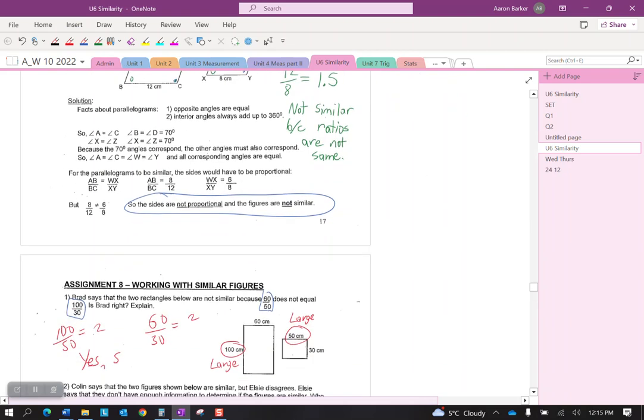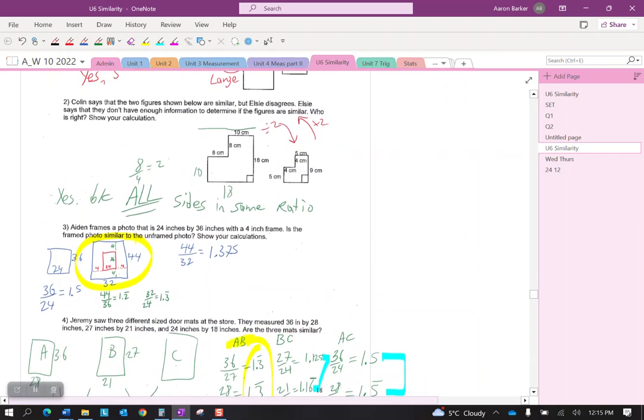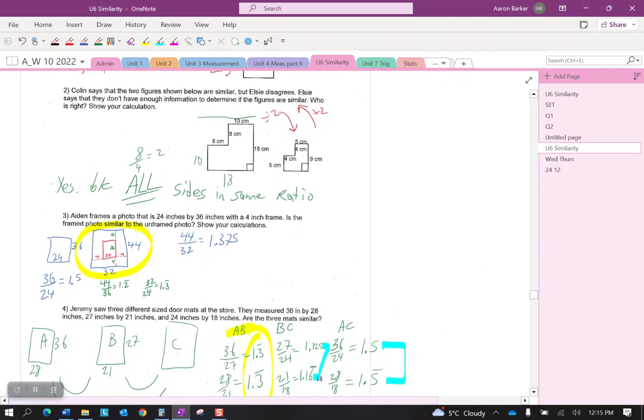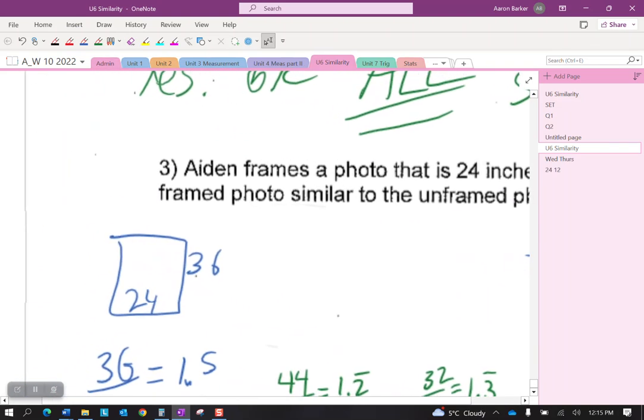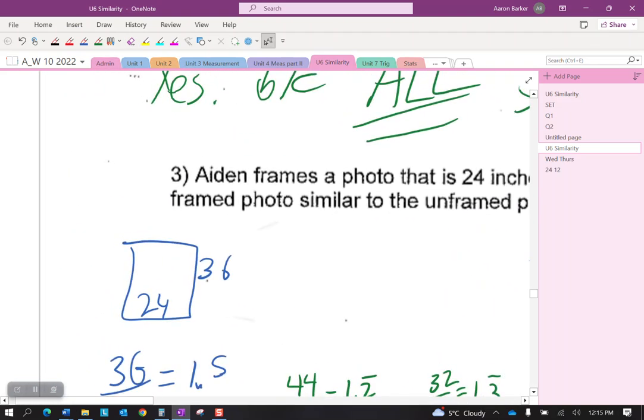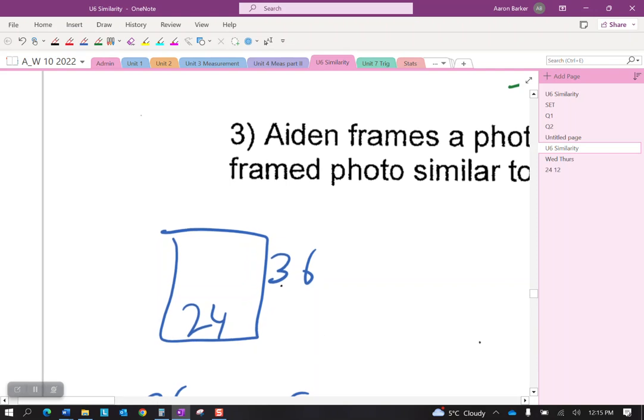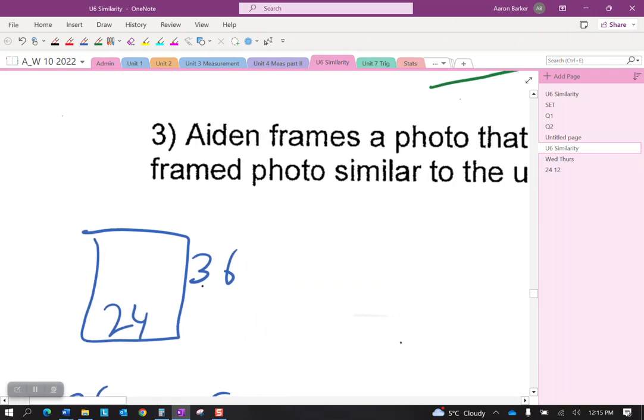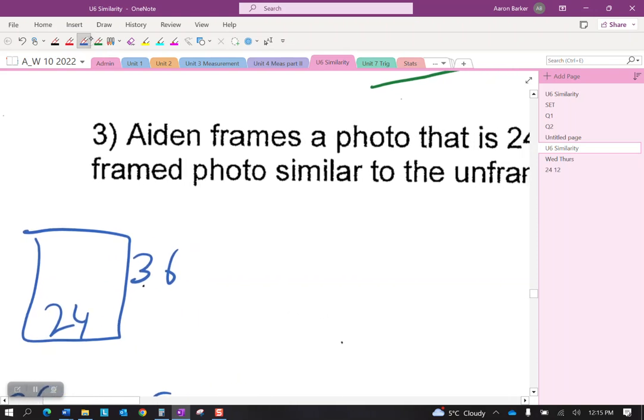Okay. I just want to go over homework question number 3 real quick. Homework question number 3. So we've covered a question like this already. So here's your picture, 24 by 36. Okay. Then what happens is you put a frame around it. So here's the 24 by 36, and you put a 4-inch frame on the outside.